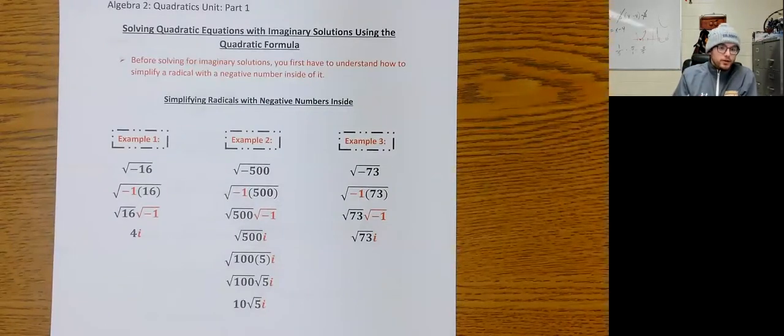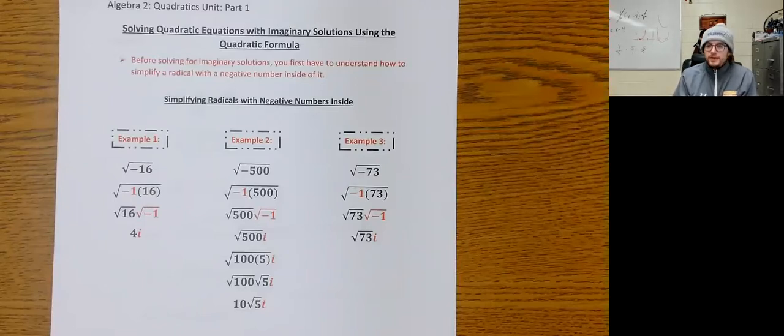So what we're going to do is the same exact process of simplifying radicals that I believe I discussed in part 2. I mean, we did an example in part 3 of simplifying a radical.